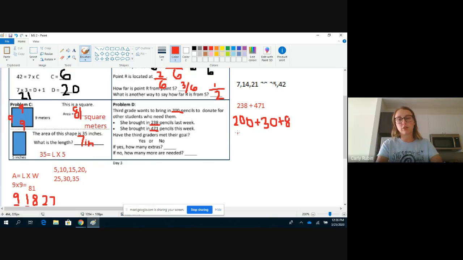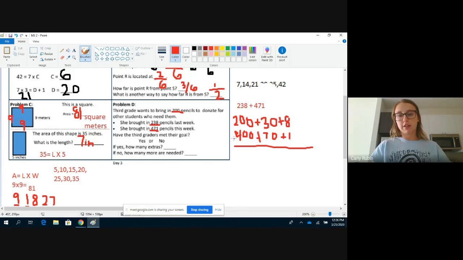And then I stack 471 below it, so 400 plus 70 plus 1. So make sure if you're struggling with your addition that you put it in expanded form correctly.